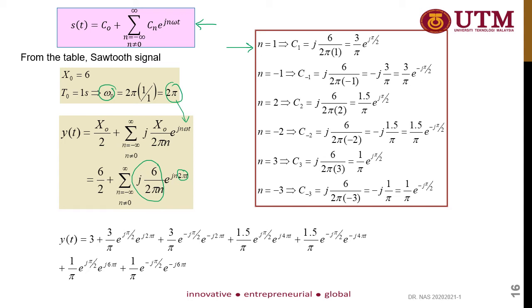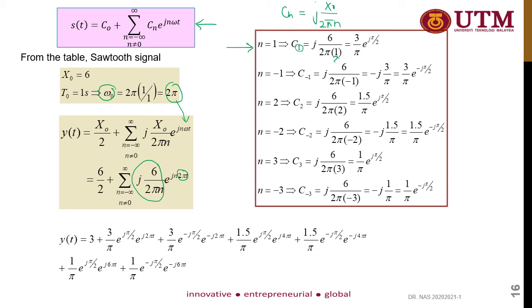Okay, so for n equal to 1, replace in the Cn equation. So Cn equation is Cn equal to j x0 divided by 2 pi n. Okay, so when n equal to 1, replace n equal to 1.